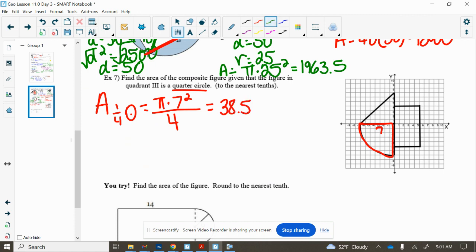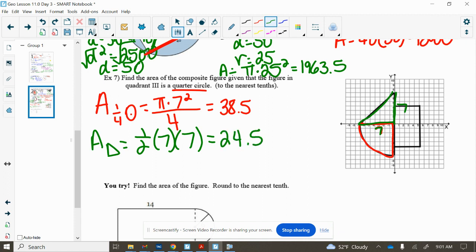Well, now we also have a triangle whose sides are 7 and 7 as well. So the area of that right triangle is 1/2 the base times the height. So 1/2 of 49 is 24.5.